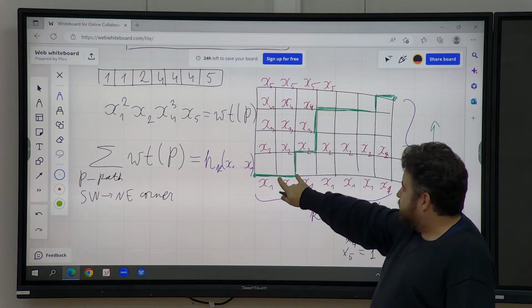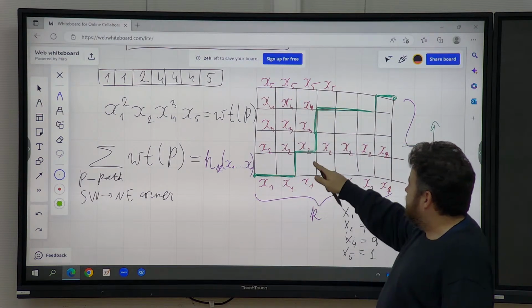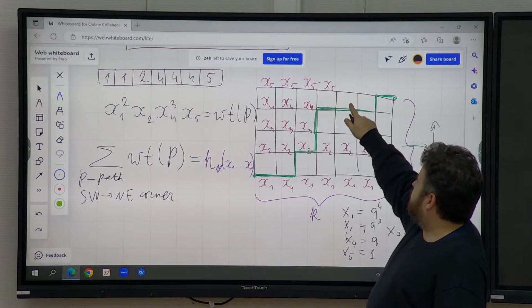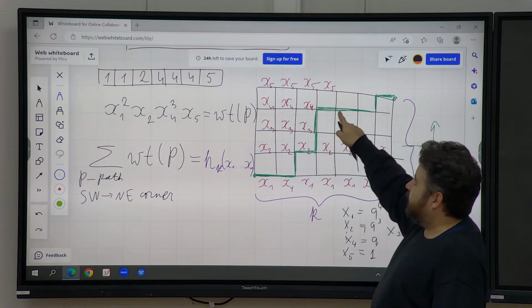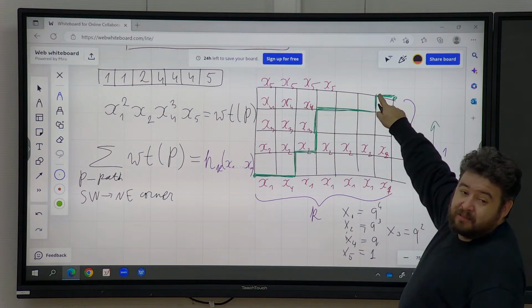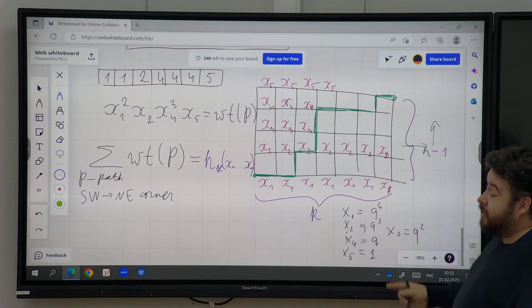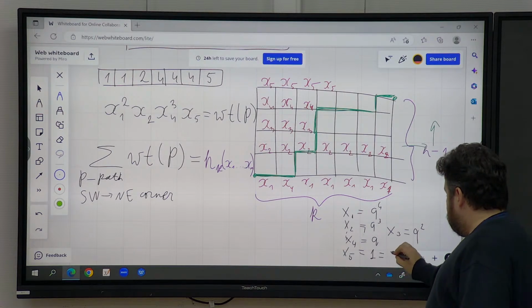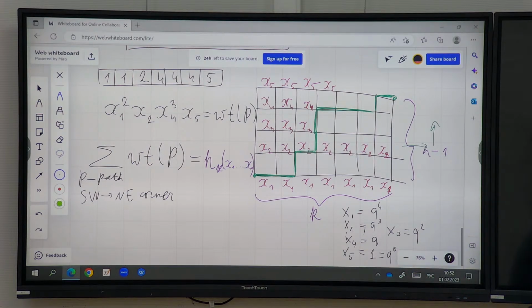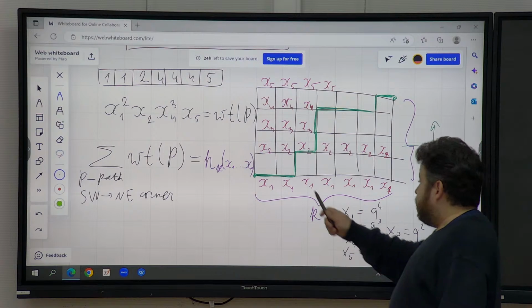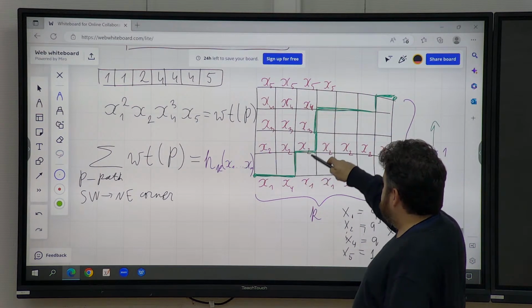So there are 4 boxes over this fellow here, 3 over this one, 1, 1, and 1 corresponding to x4, and 0 boxes corresponding to x5, but x5 is 1, which is q to the power 0, right? So you see that in this case, this is going to be the generating function for the number of boxes in this Young diagram.